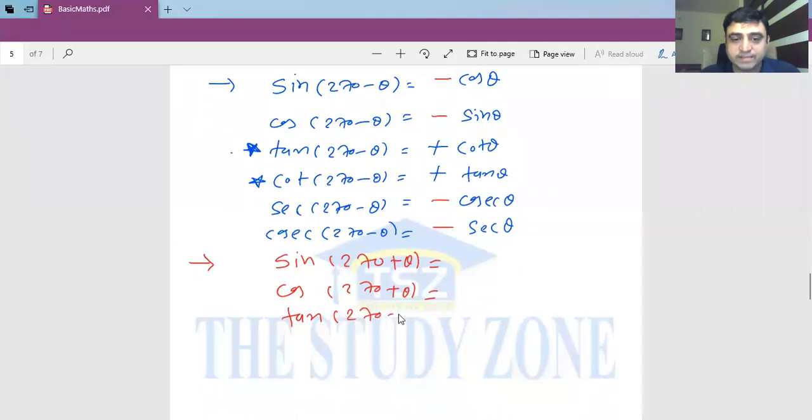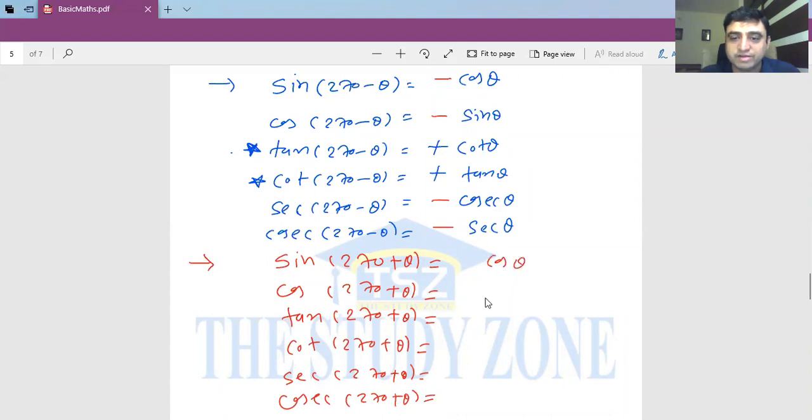Tan 270 plus theta, cot 270 plus theta, sec 270 plus theta, and cosec 270 plus theta. Now we know rule number 1: sine to cos, cos to sine, tan to cot, cot to tan, sec to cosec, and cosec to sec.